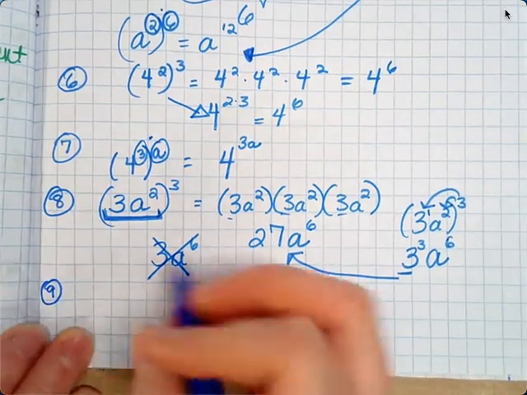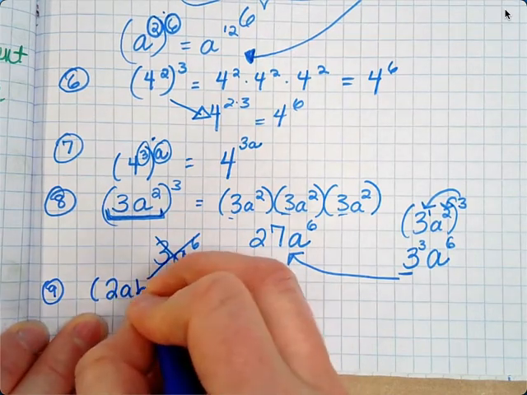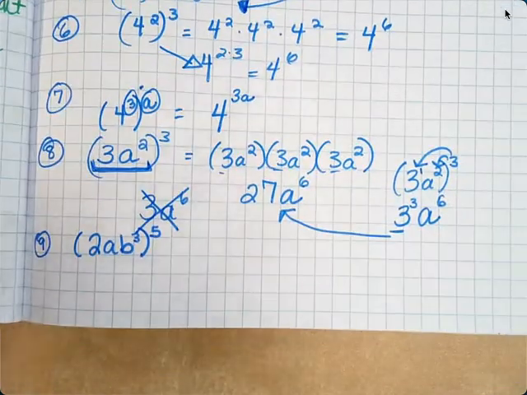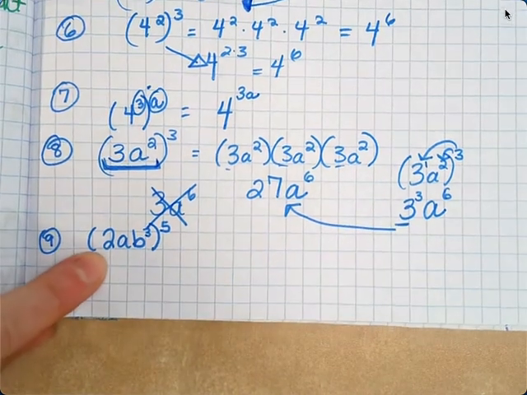One more. Parentheses 2ab to the third raised to the 5th. So 2ab cubed is being multiplied to itself 5 times. But let's use the rule. What would happen to the constant of 2?